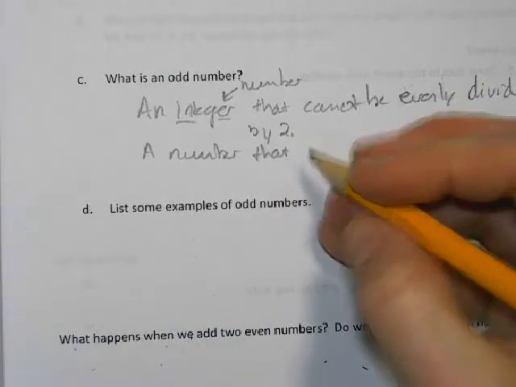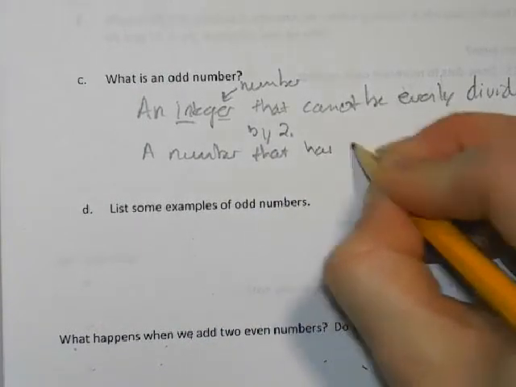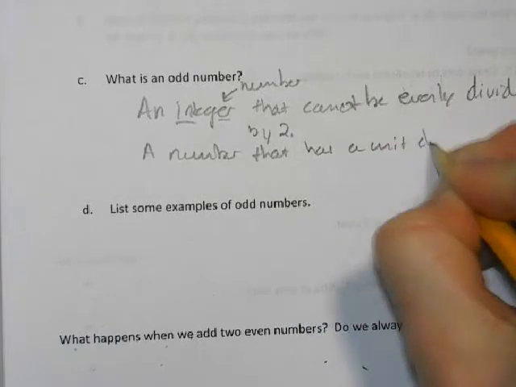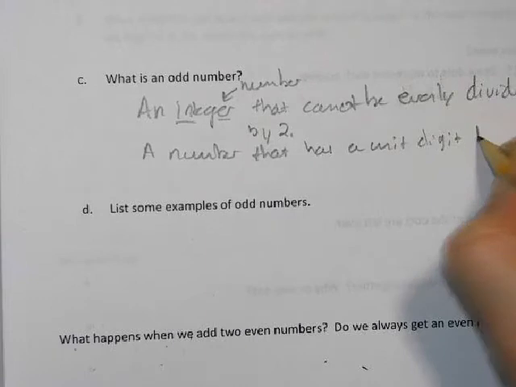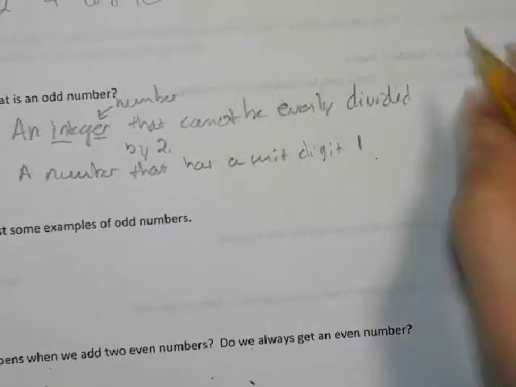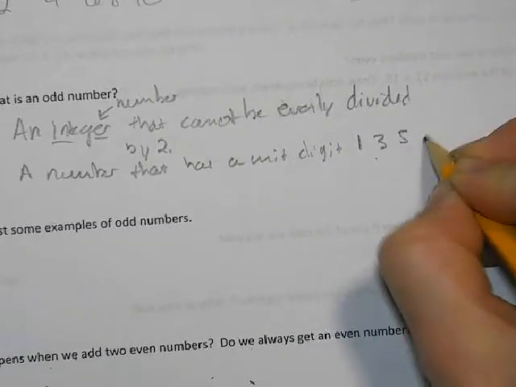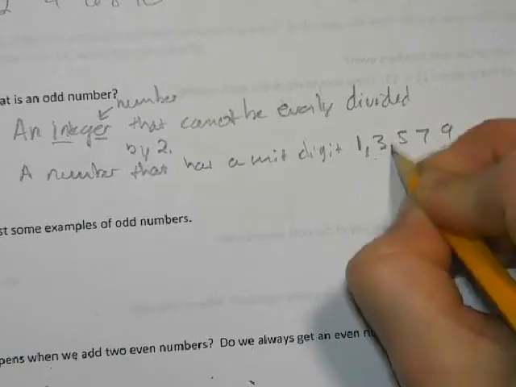You would also say a number that has a unit digit 1, 3, 5, 7, or 9.